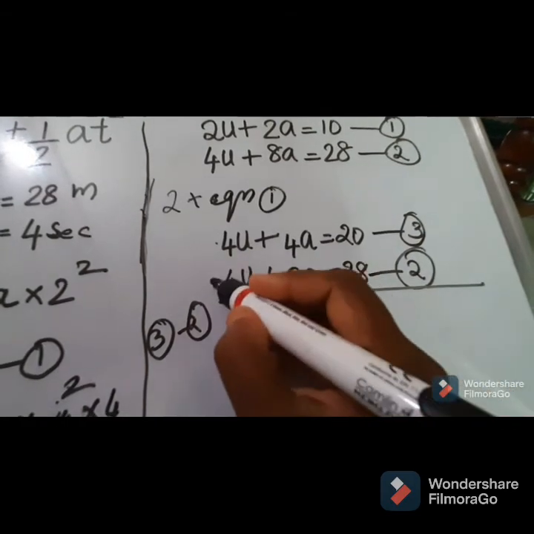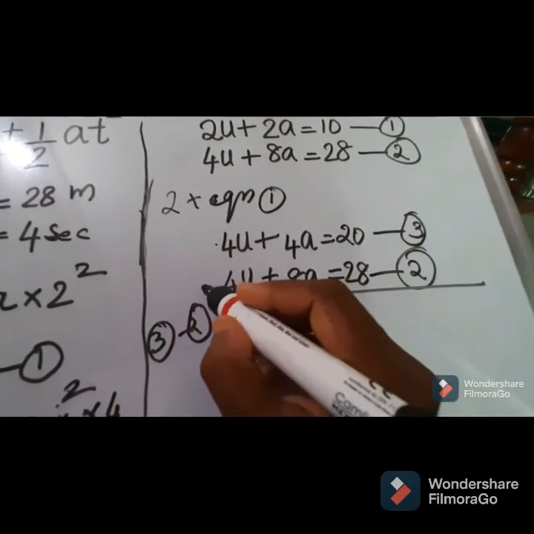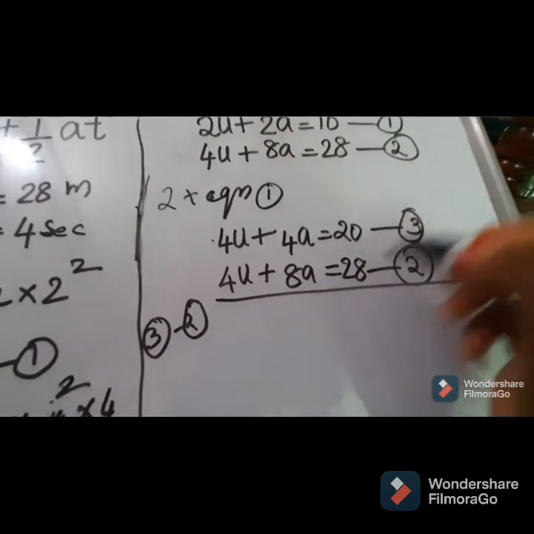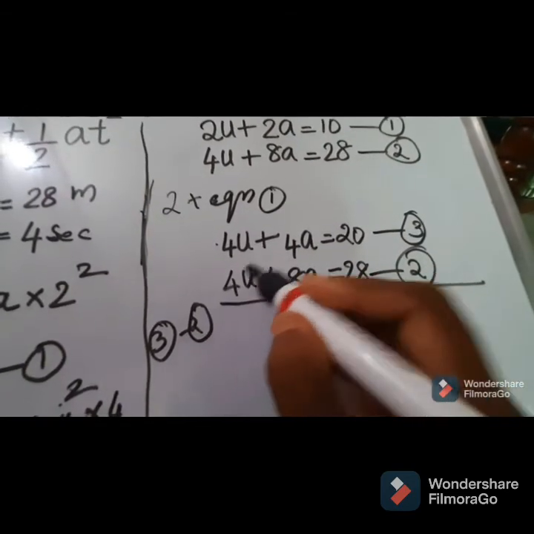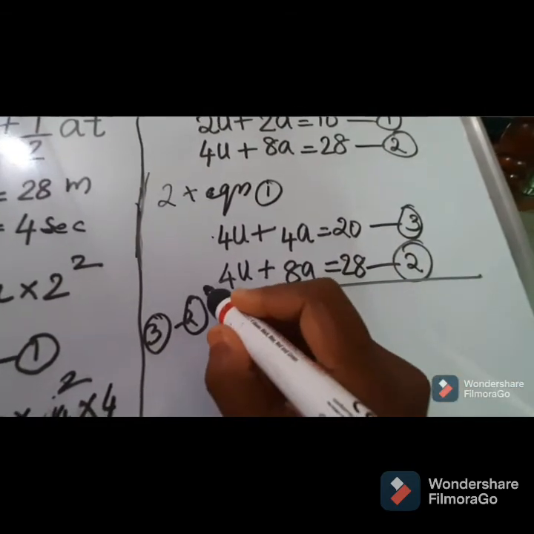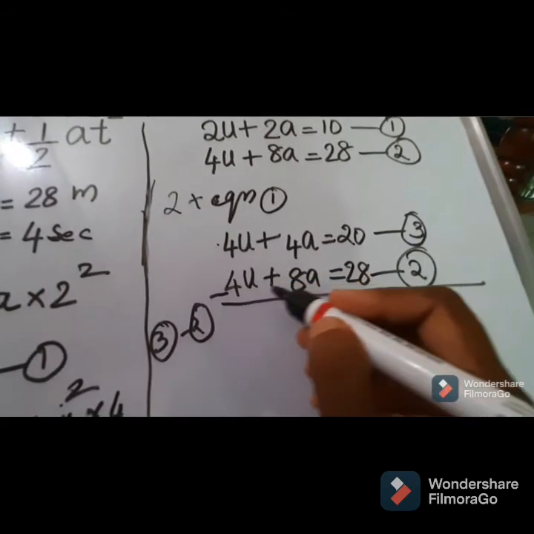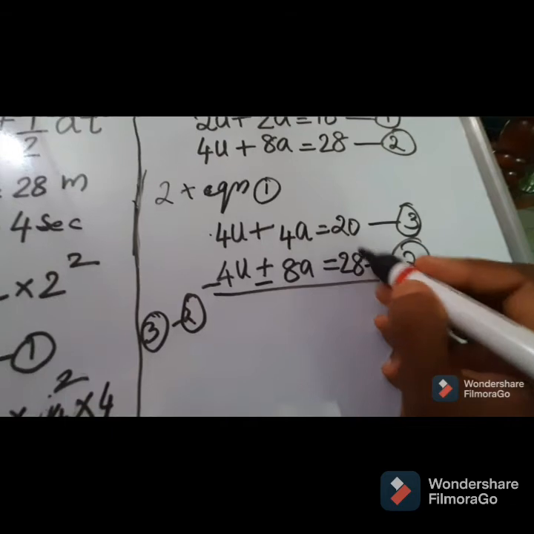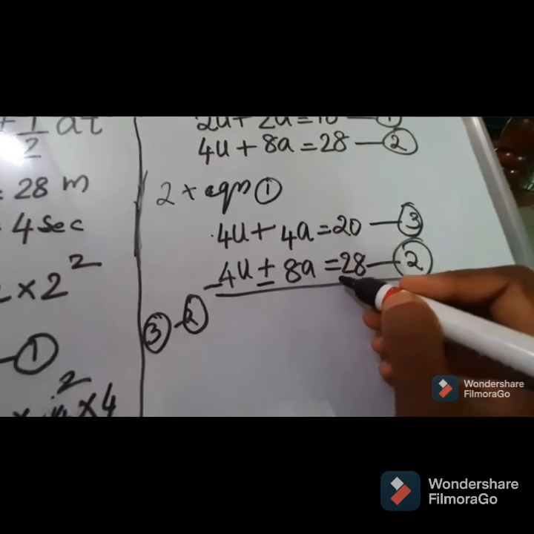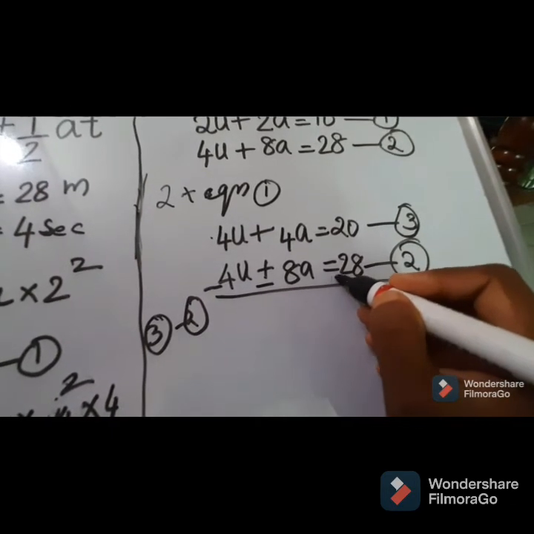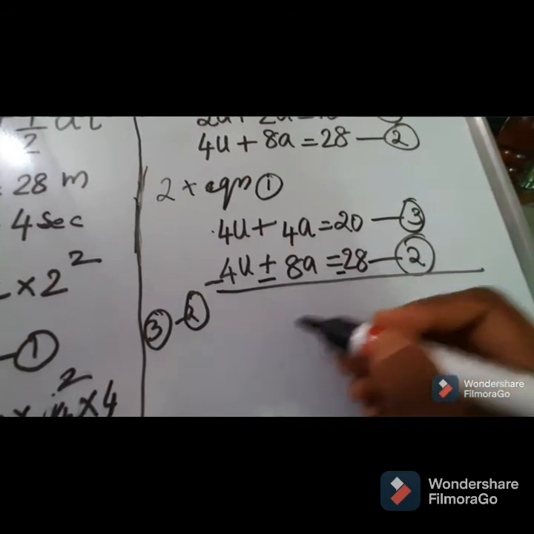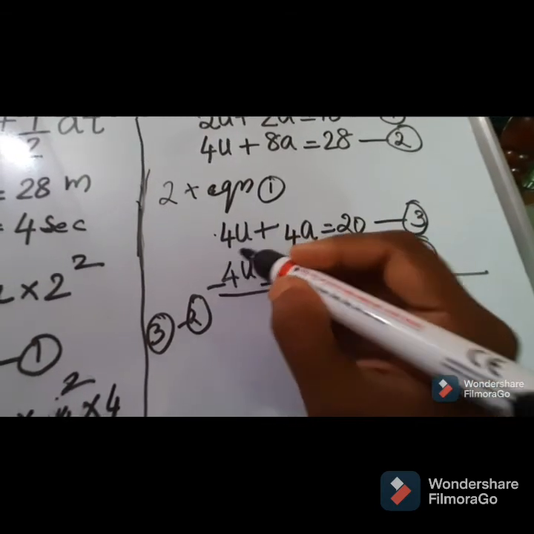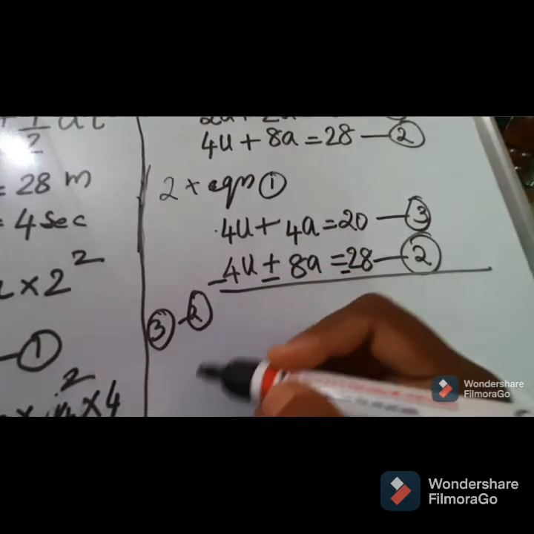Anyway you can subtract. So if we subtract, we have to put a minus and a bracket on this. That means each term we multiply with the minus. So plus will change to minus. Here also plus will change to minus. The sign of 28 will come minus. Now plus 4u minus 4u, that cancels.